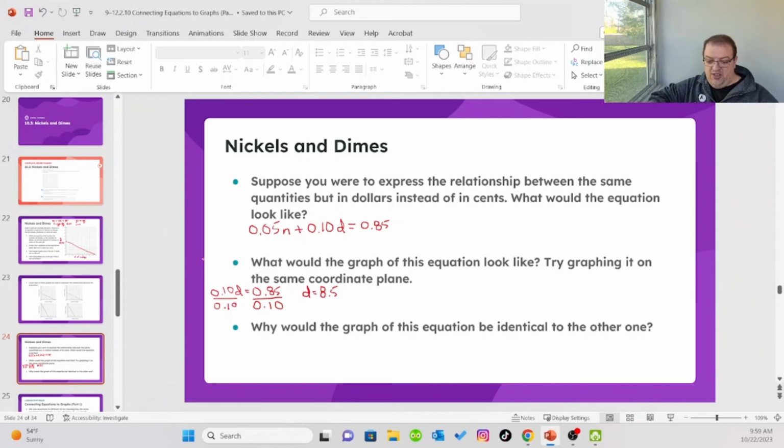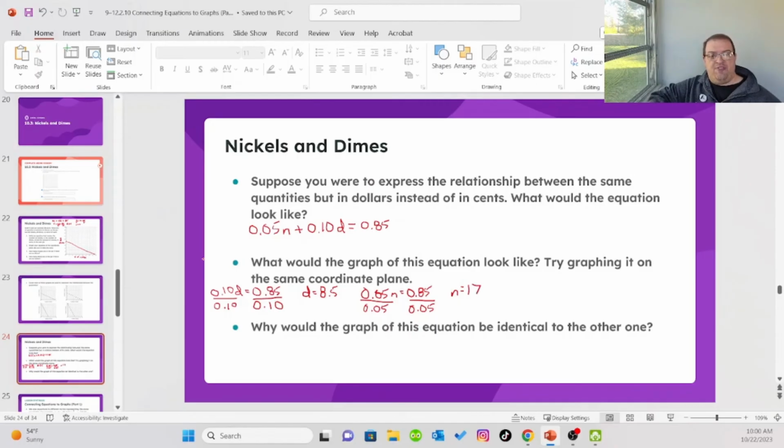Now let's try it the other way. If we say we don't have any dimes, 0.05 nickels equals 0.85. I would divide the left by 0.05. I would divide the right by 0.05. And I would still end up with nickels equals 17.